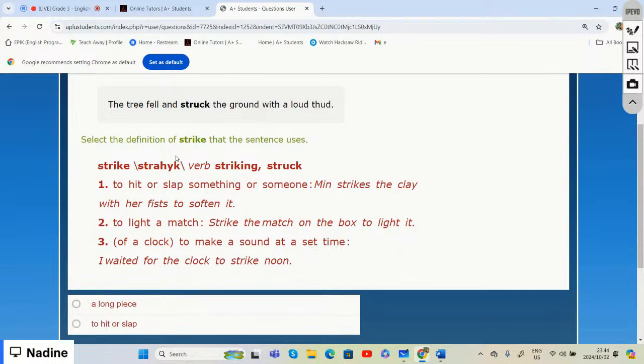So the tree fell and struck the ground with a loud thud. What is the meaning of that word struck? It is to hit or slap.